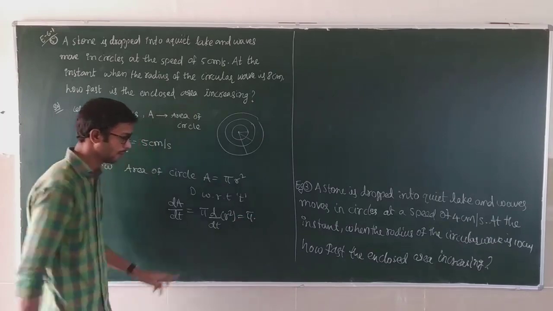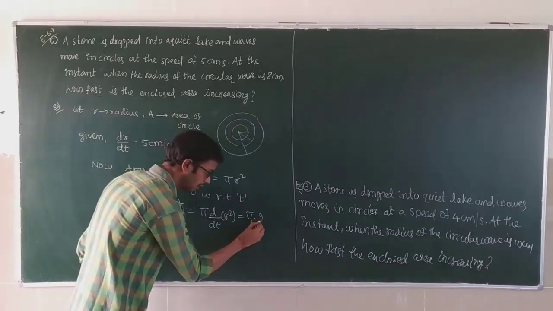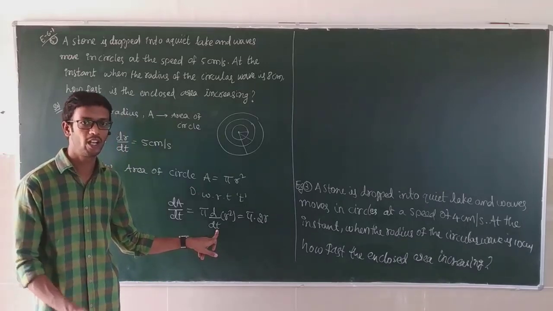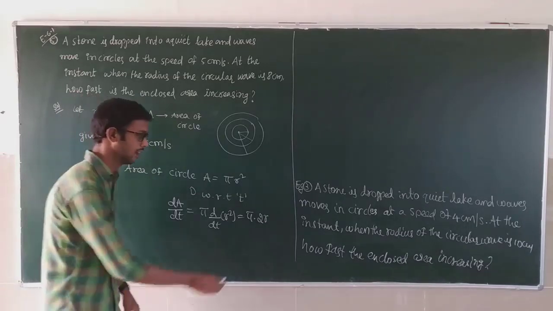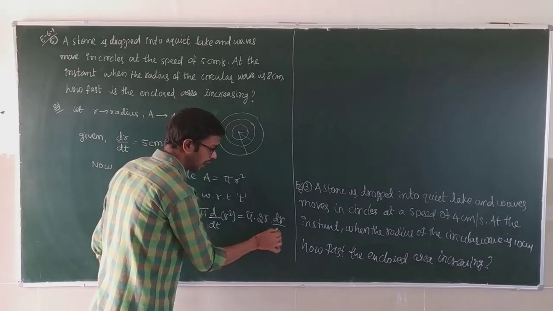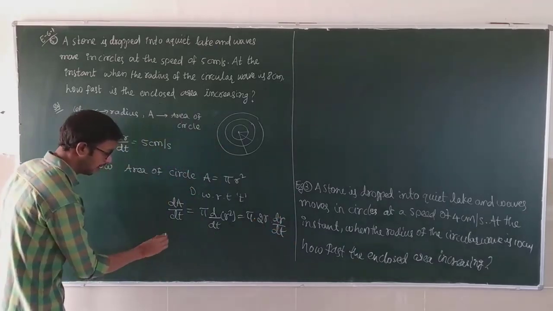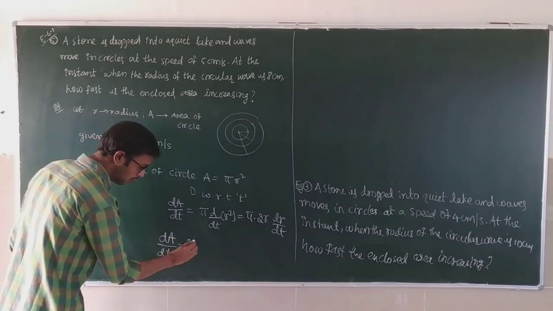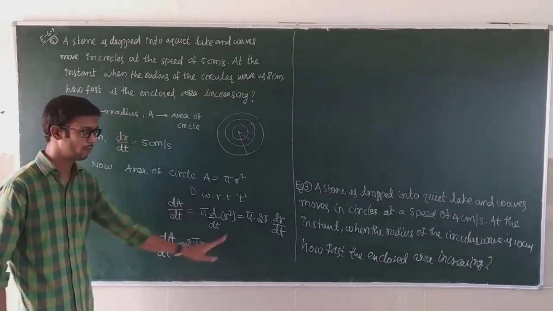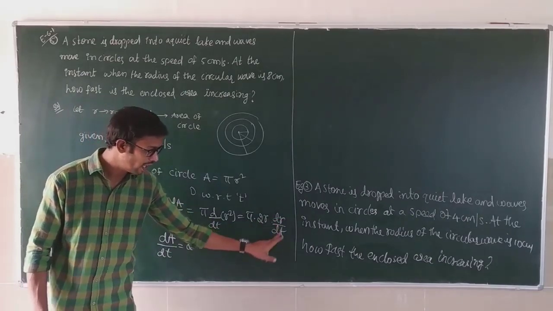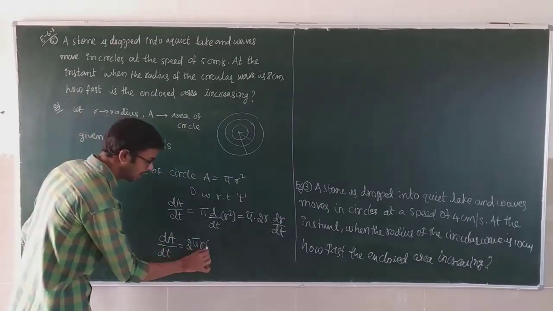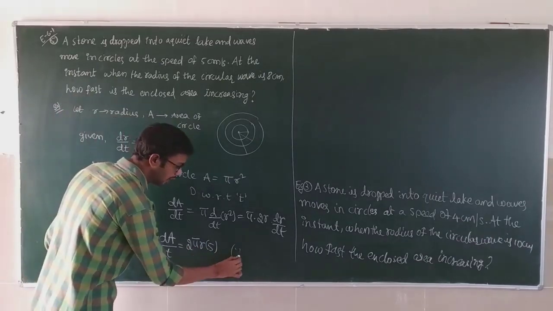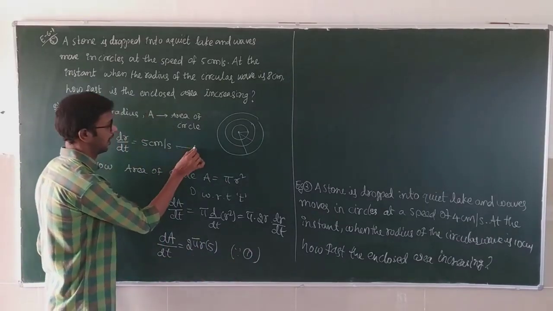Derivative of r square is 2r, but since we are differentiating with respect to t, we have to write dr by dt. dA by dt is equal to 2 pi r into dr by dt. What is dr by dt? 5, from equation 1.